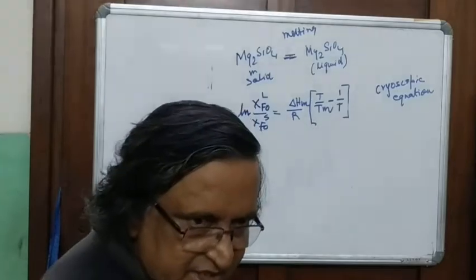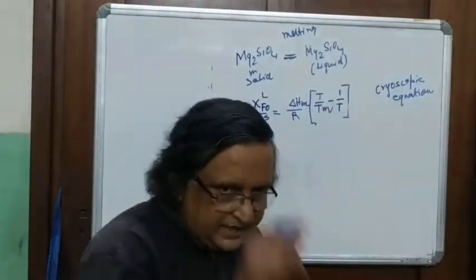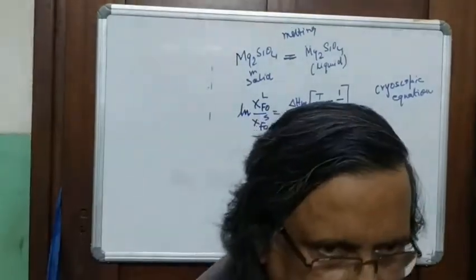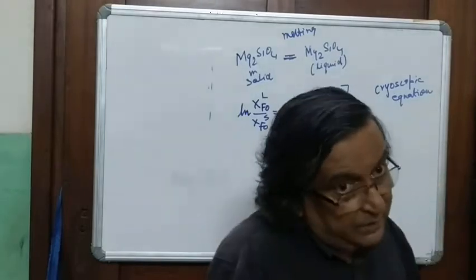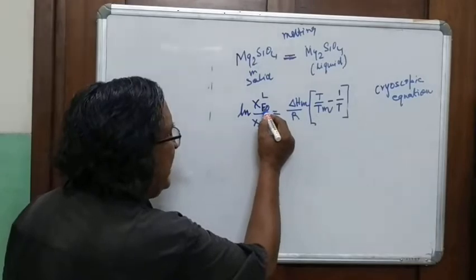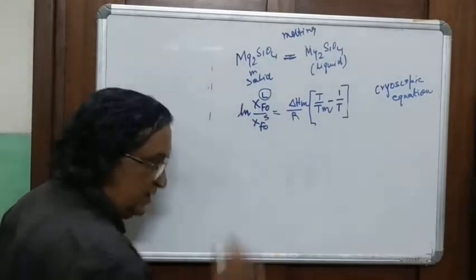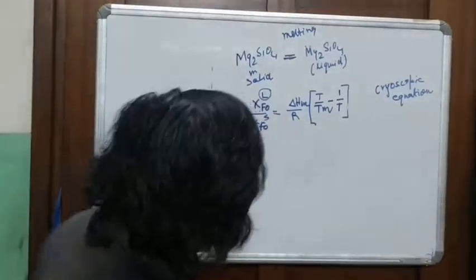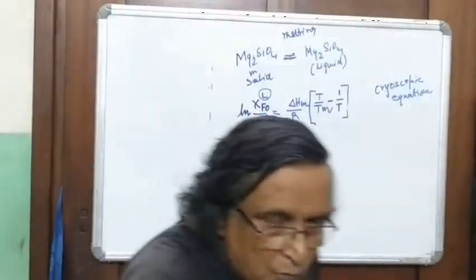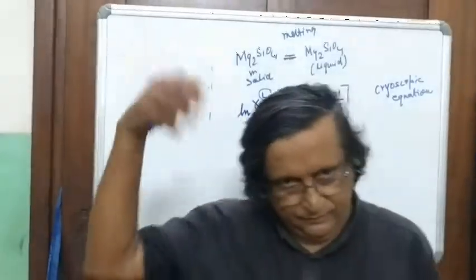Tm is the melting temperature of pure forsterite. T is the melting temperature of forsterite in an olivine. I don't know whether it's pure or impure. What is X forsterite? X forsterite, L, is the mole fraction of forsterite in the melt. And X forsterite, S, means mole fraction of forsterite in the solid, which is olivine.